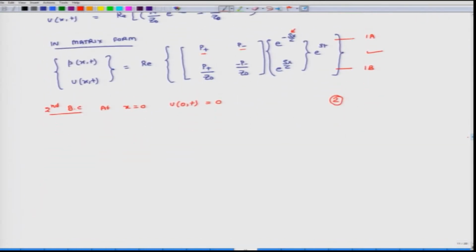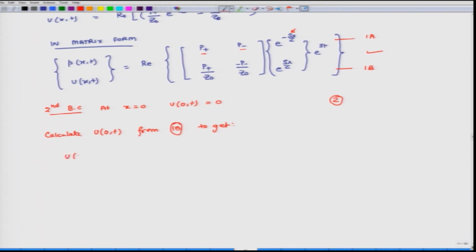Now, what we do is we calculate u of 0, t from, I am sorry, not 1a, 1b. From equation 1b we calculate the value of u at x is equal to 0.